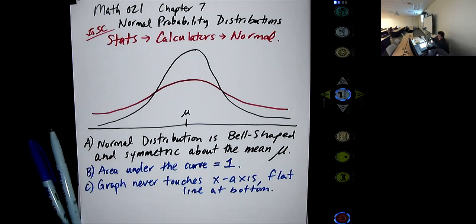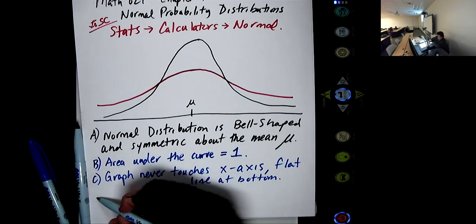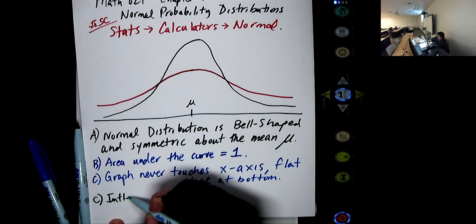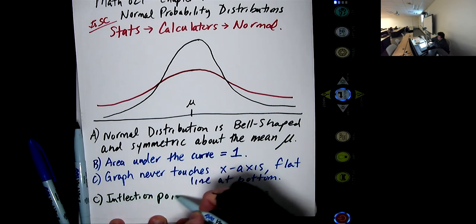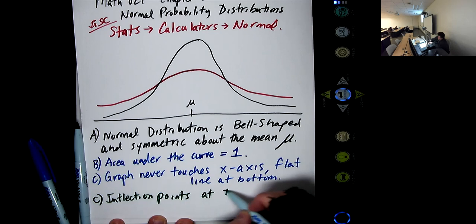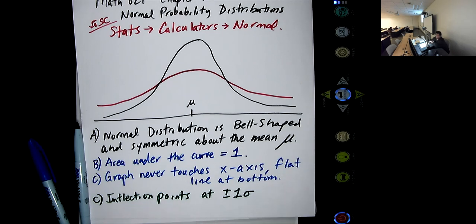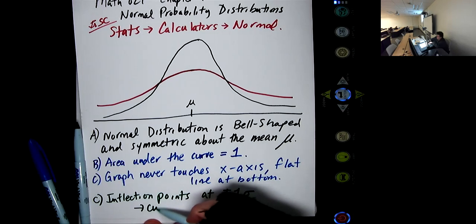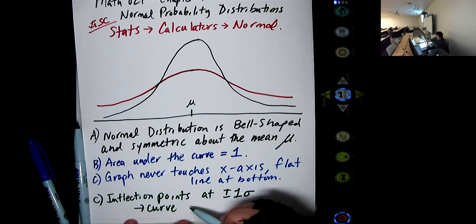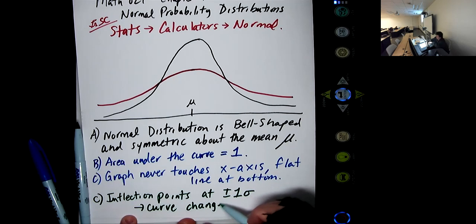And it has inflection points at plus or minus 1 sigma. Inflection point is where the curve starts to change. And I'll show you pictorially what's going on.